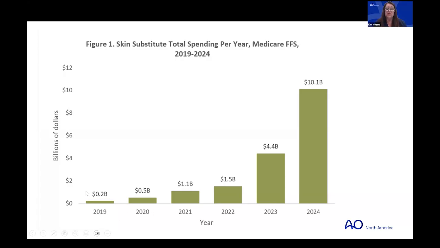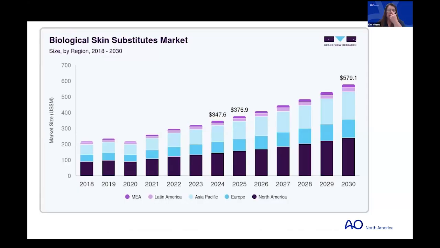In 2019, you can see where it was versus where we were in 2024. And as the technology gets better, and we love our technology, of course, so does the cost. And so that can lead to some considerations and issues with what is available and what one can use depending on the payer or the insurance company as far as reimbursement.